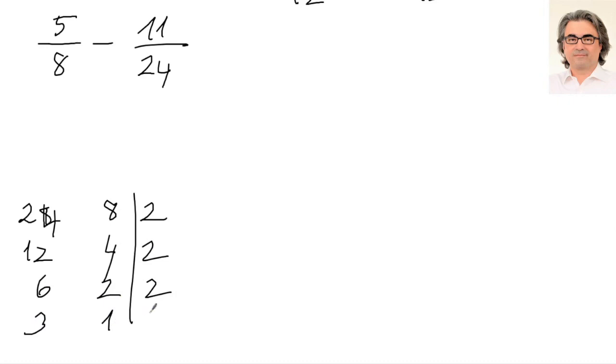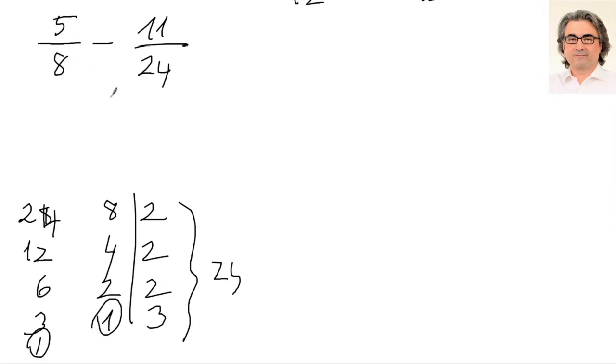After that, if you divide 3 by 3, you will get 1. After getting 1 for both numbers, my operation has just finished. So if you multiply these prime numbers, you will get the least common multiple of 24 and 8. 2 times 2 is 4, 4 times 2 is 8, 8 times 3 is 24.